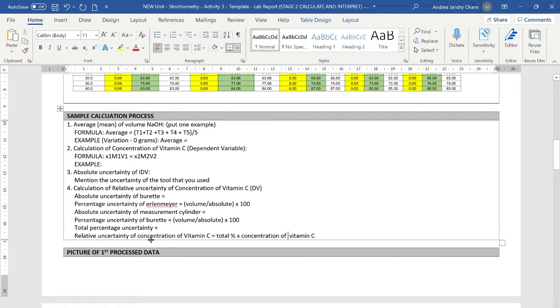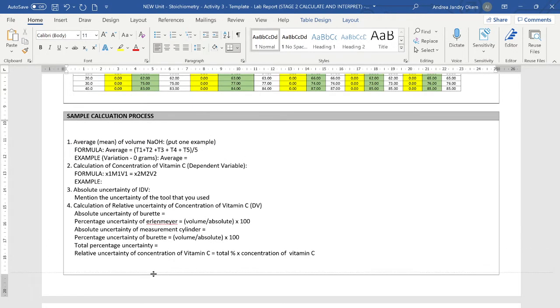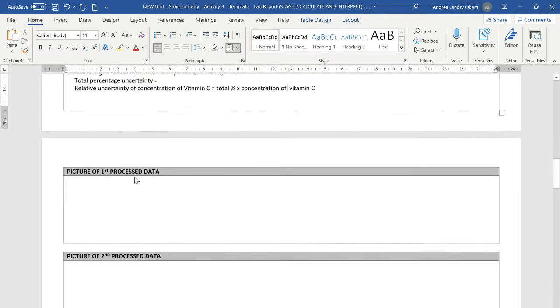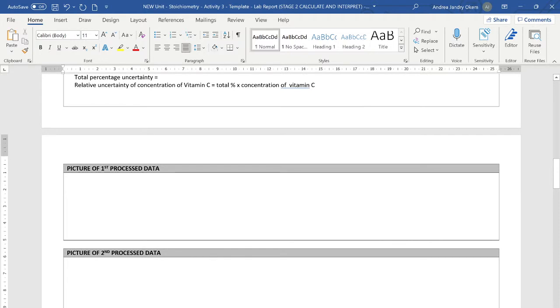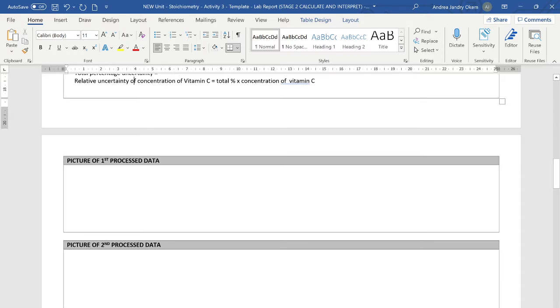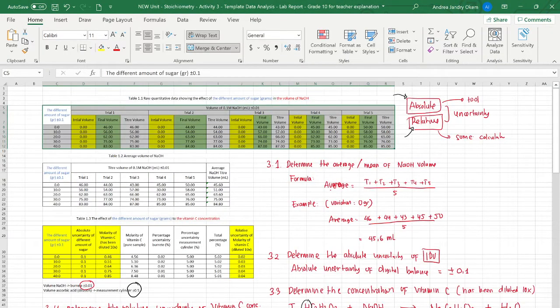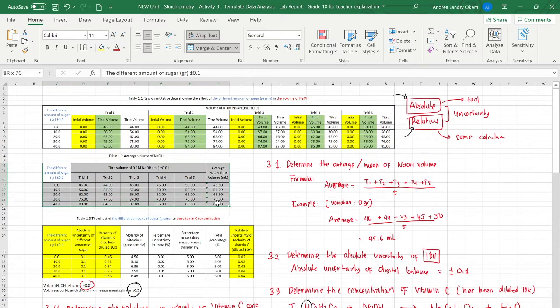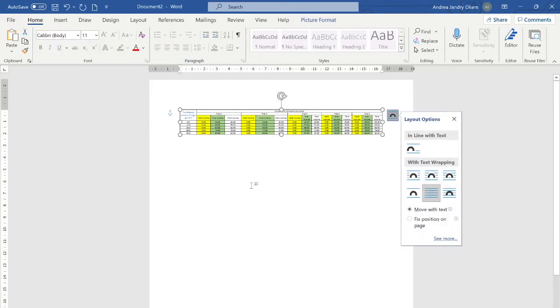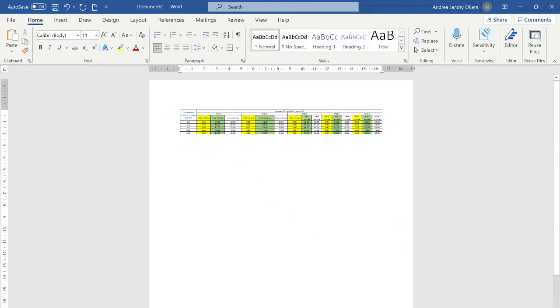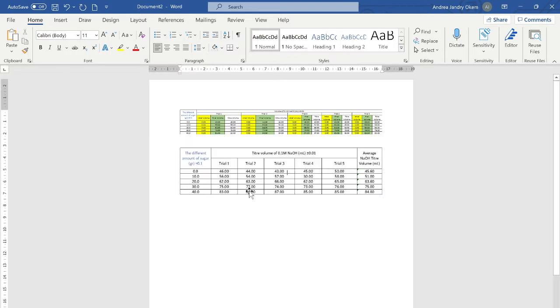The next one is you need to insert the process data table. So this is the process data table. You can go to Excel, go to step number 2, and then this is the second one. This is the first process data table. You just copy, and then go to the new document again, and paste as a picture.